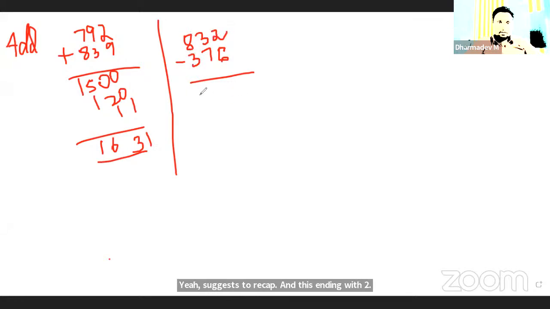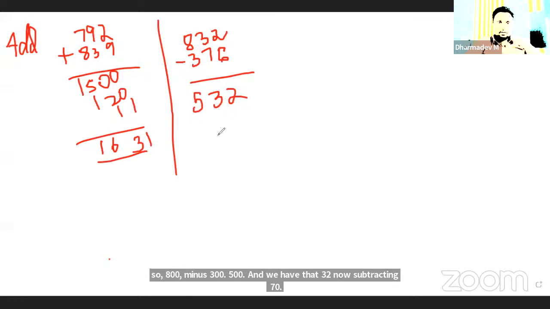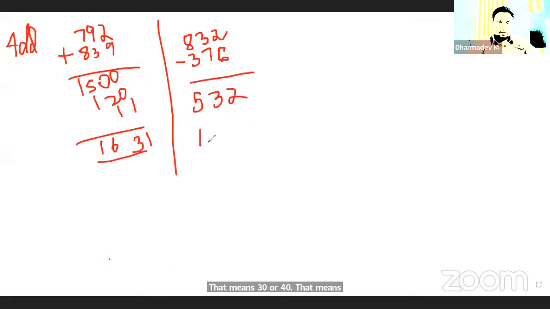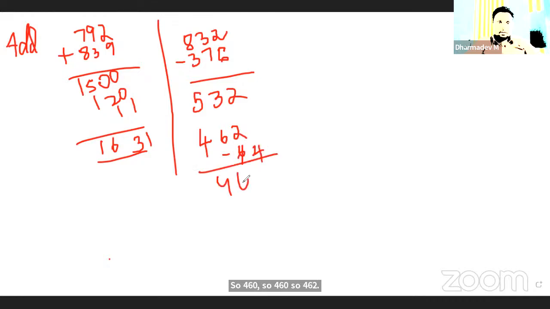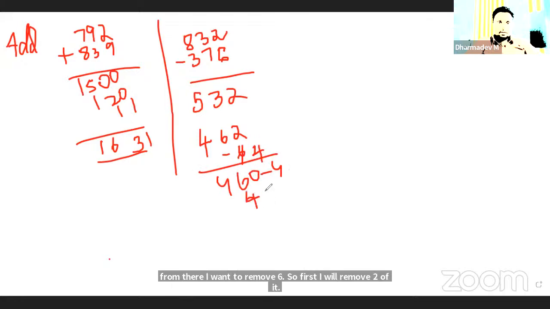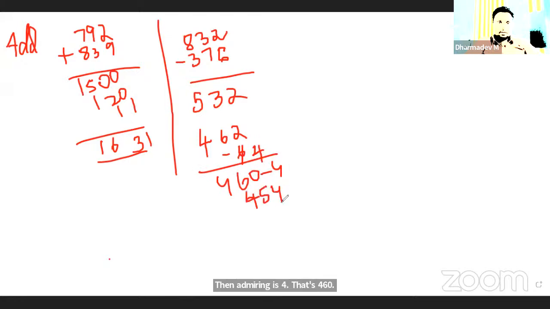So 800 minus 300, 500, and we have that 32. Now subtracting 70, that means 30 and 40. That means 500, 500 minus 40, 460. So 462. From there, I want to remove 6. First I will remove 2 out of it, then the remaining is 4. That's 460. After that, again subtracting with 4, that is 424.